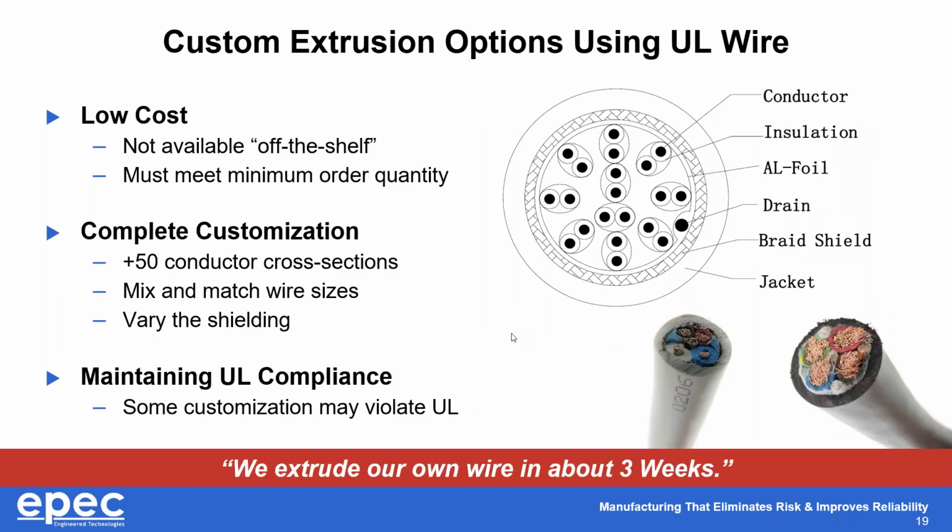Now, if an existing off-the-shelf wire is not what you're looking for and you're looking to add some level of customization, we can absolutely do this in as short as 3 weeks. The areas we help our customers with custom extrusions involve the number of twisted pairs that are individually shielded and then laid within an overall braided shield.